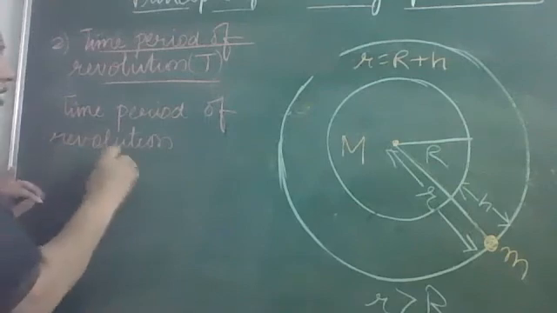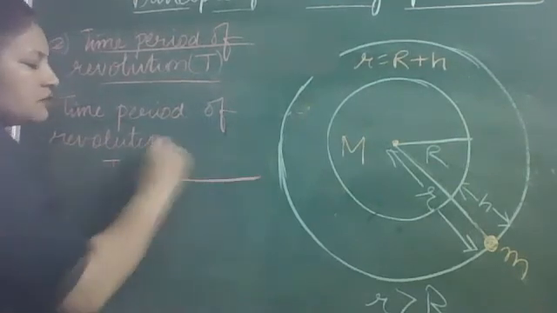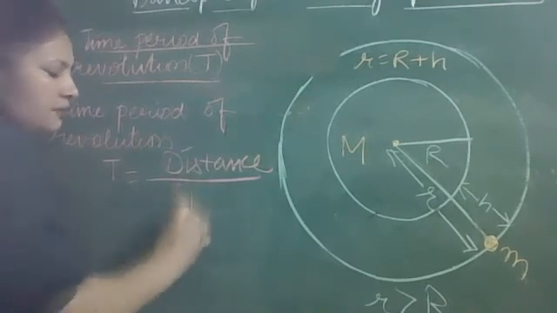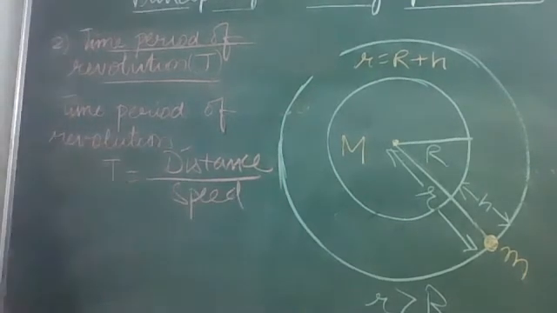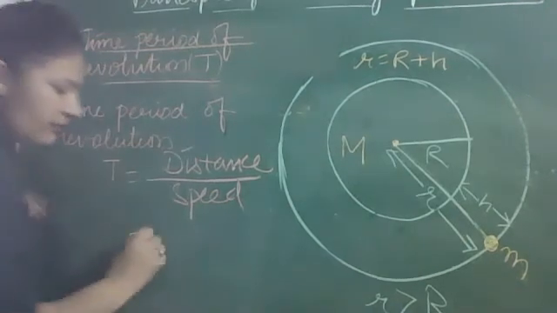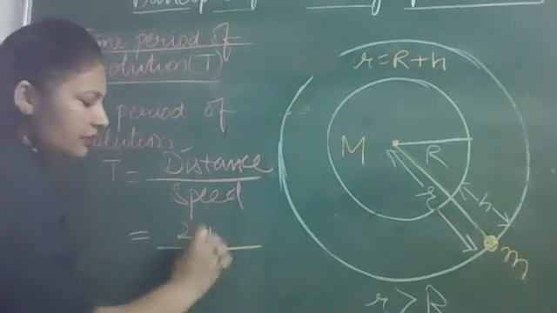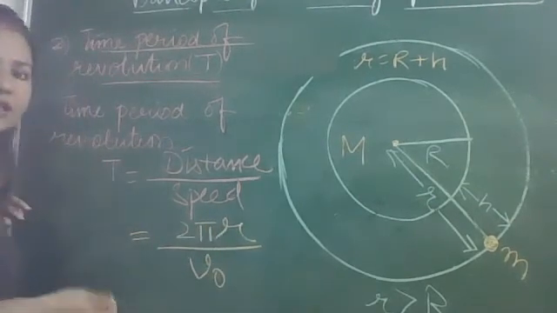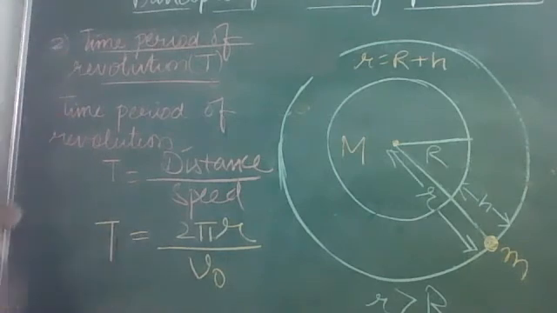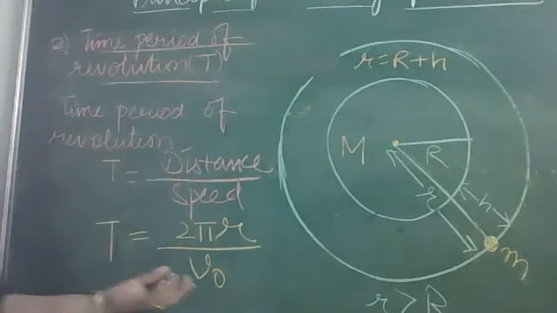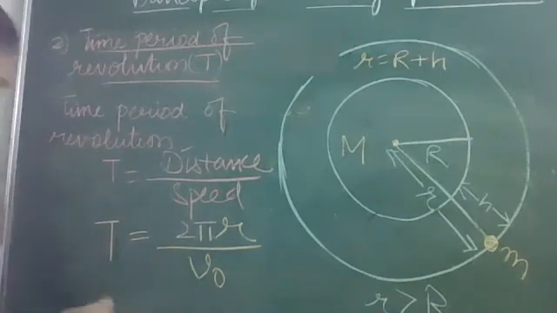So time period is given by distance over speed of the satellite. If we are taking one revolution, then distance covered in one round by the satellite will be 2 pi r. And speed of satellite, as we have said, is orbital velocity. So that will be equal to time period. Put the formula of orbital velocity now here.